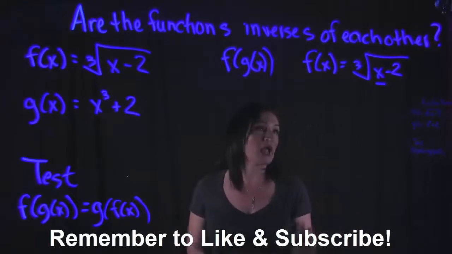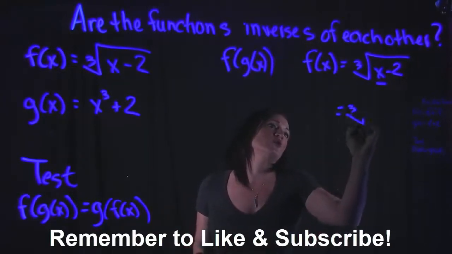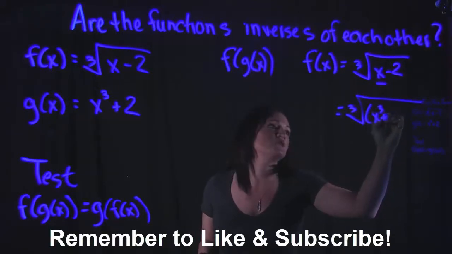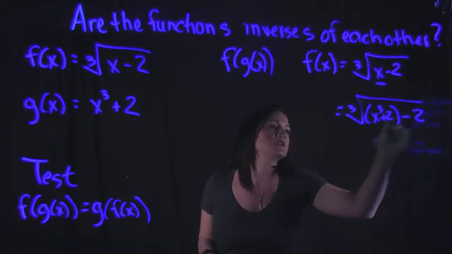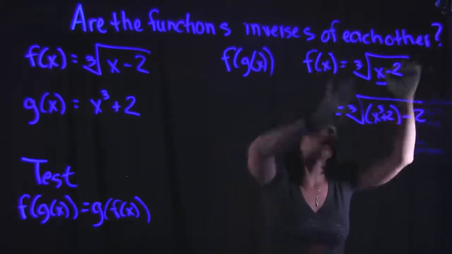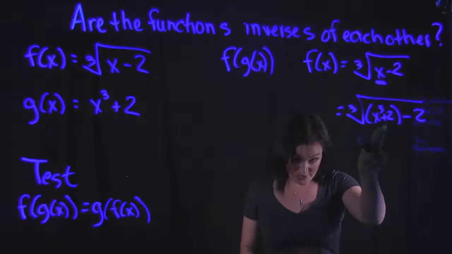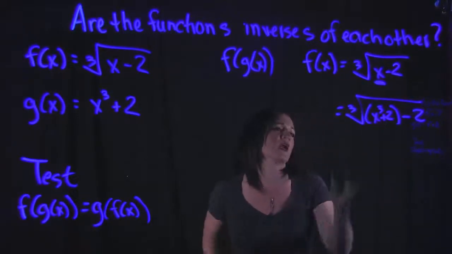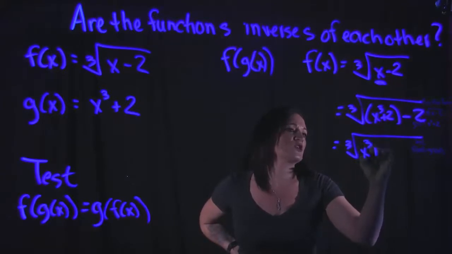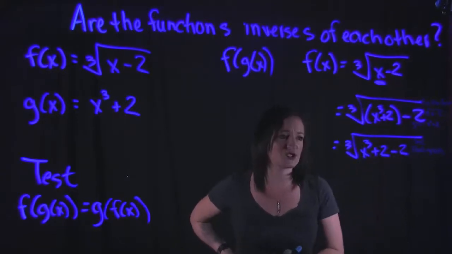So that's going to look like this. Cube root of, instead of x, I'm putting in x cubed plus 2, and then continuing with the minus 2 that's here. So I'm taking f of x and I'm replacing x with g of x and simplifying. If I take that out of the parentheses, I have x cubed plus 2 minus 2.